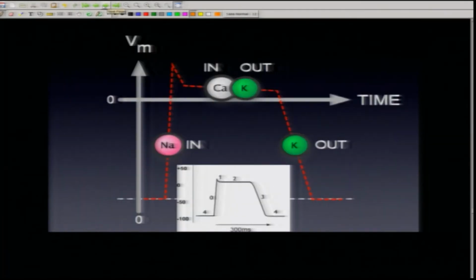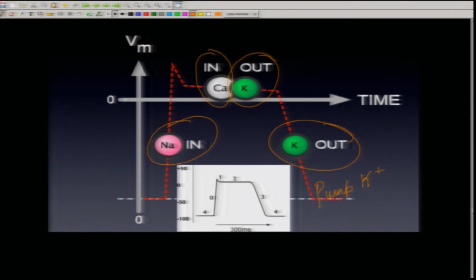Now, further detail, this is what I was trying to tell you: sodium entry, calcium in, potassium out, and then here again the pumps take the role of initial calcium in and sodium out and calcium in.